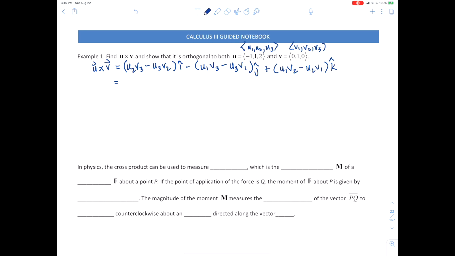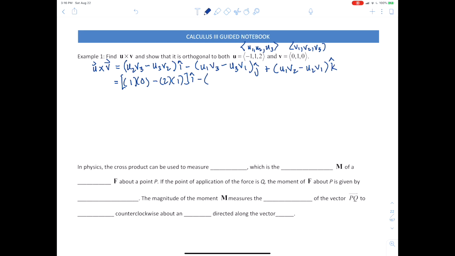This is going to equal 1 times V3 is 0, minus 2 times 1, I.